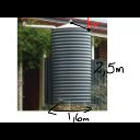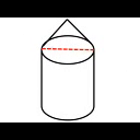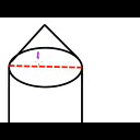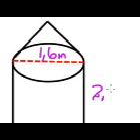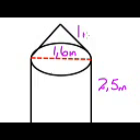Now, let me take these dimensions and put them onto a diagram. The diameter here is 1,6 meters, this height over here is 2,5 meters, and this slant height over here is 1 meter. Now, the formula that we've got to use is as follows.